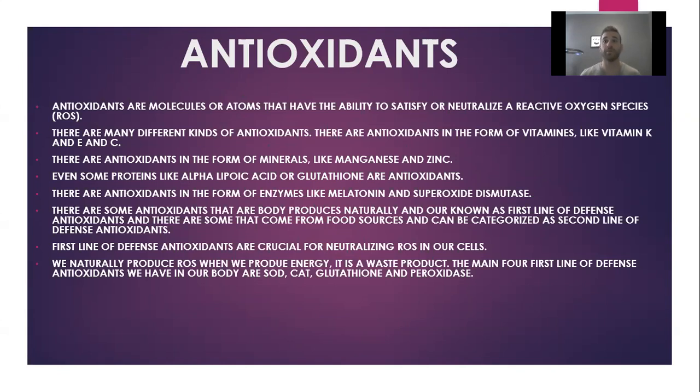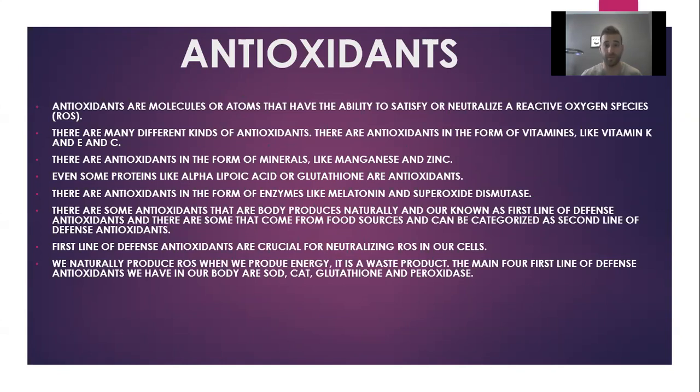By producing energy, our cells are working hard and producing a cellular waste byproduct that has free radicals in it, and our bodies are producing antioxidants to go and counteract that waste product. For example, our bodies naturally produce an enzyme in our liver called superoxide dismutase.